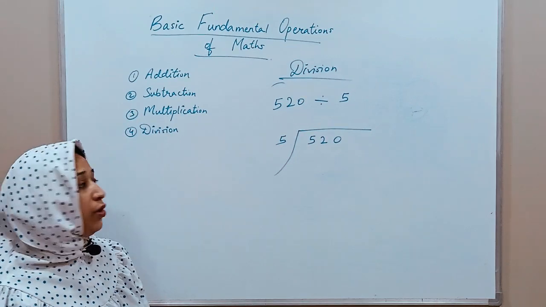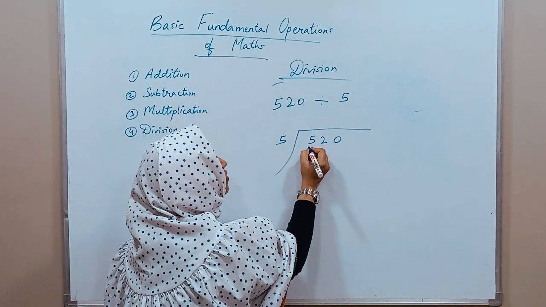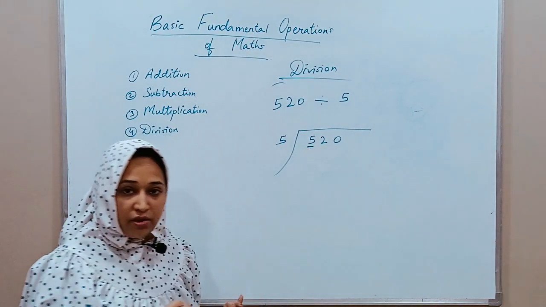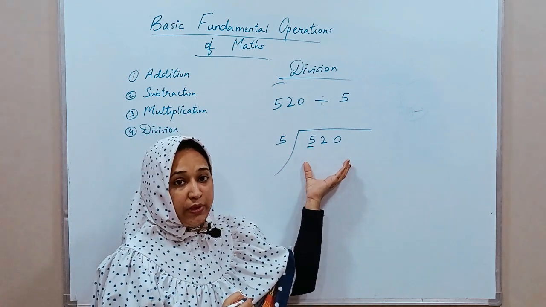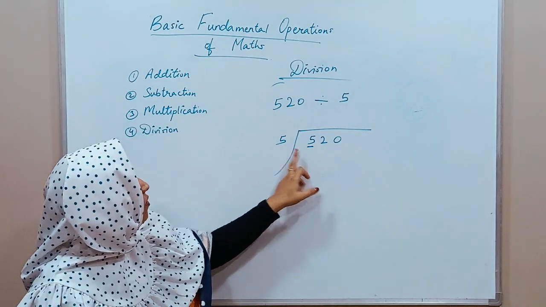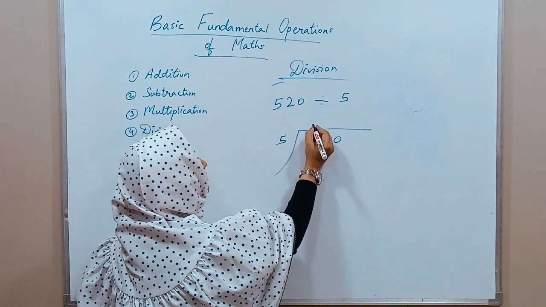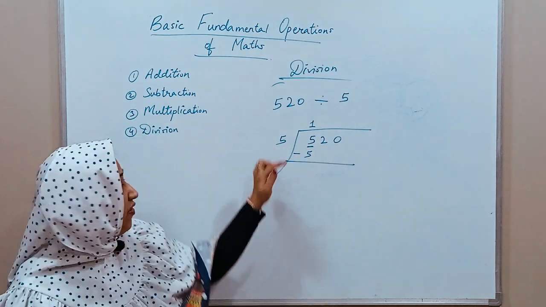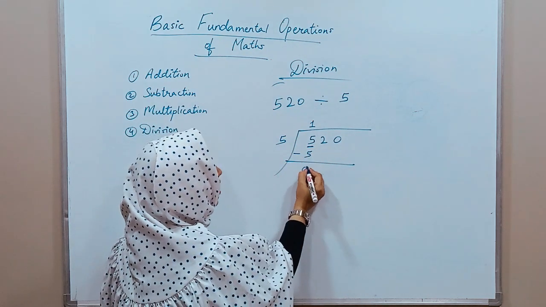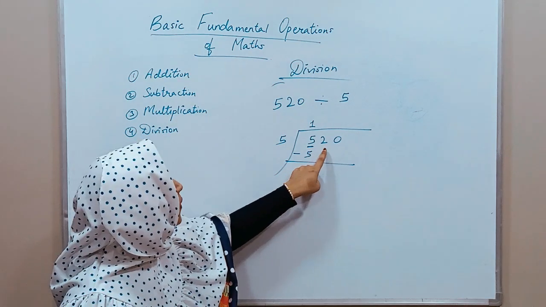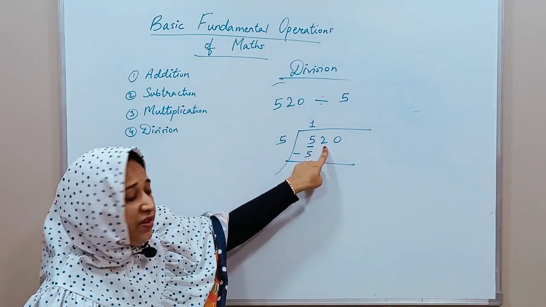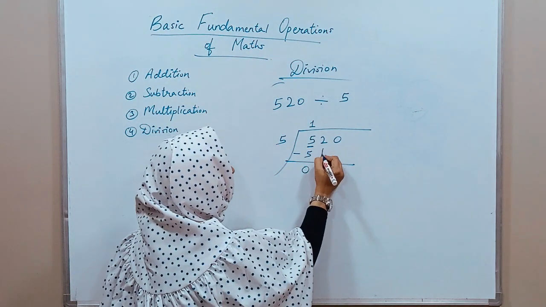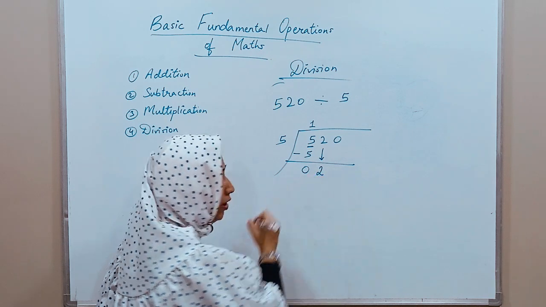Now we will start with the first digit on the left, since the number is very big: 5. Now 5 ones is 5. Then 5 minus 5 is 0. After that, we will bring the second digit of the number down. So take an arrow and 2 here.